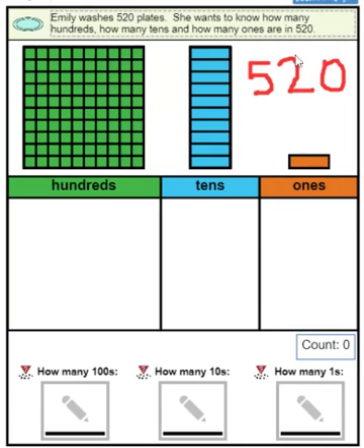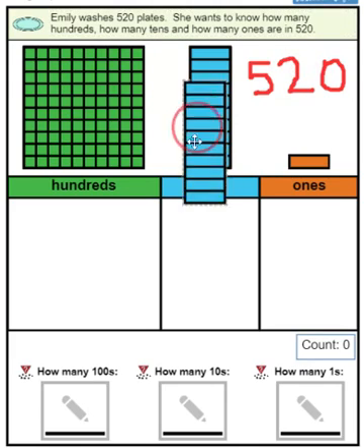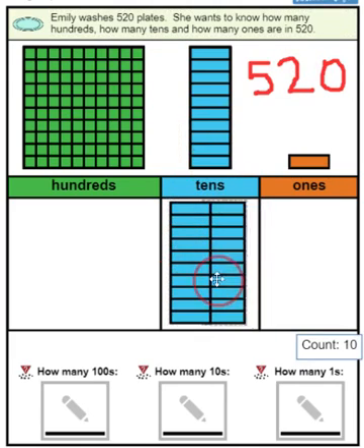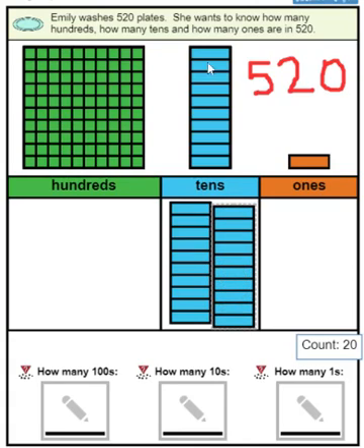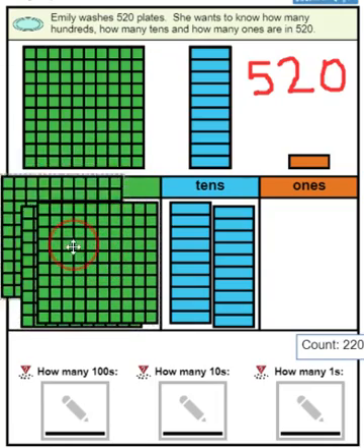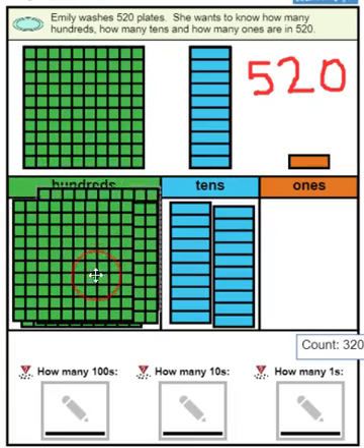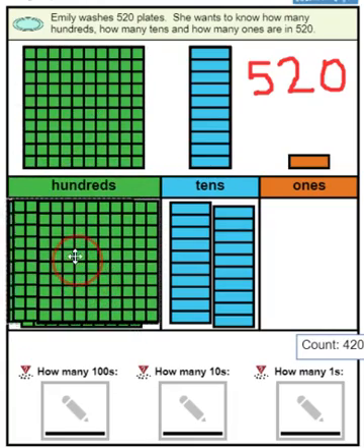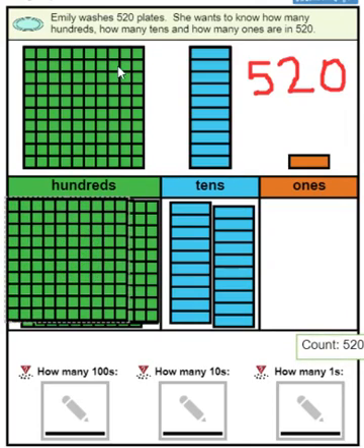Then I have 2 tens, so 1, 2. And then I have 5 hundreds. 1, 2, 3, 4, and 5.